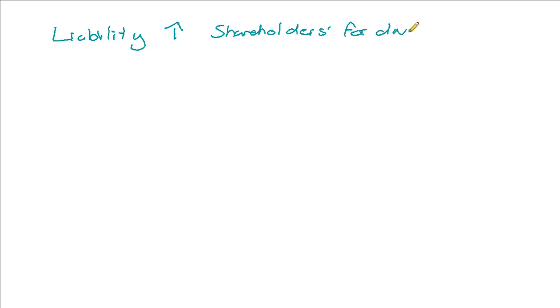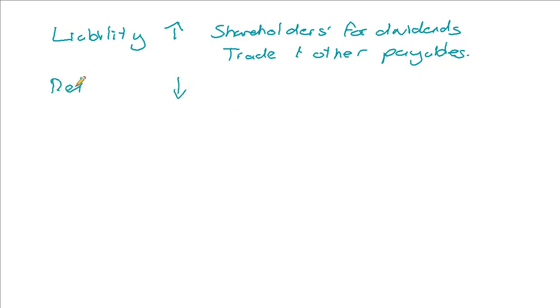Alright, and that's going to form part of the trade and other payables line item. Okay, so that's the one part of this leg, trade and other payables line item. The other part of this leg is going to be a distribution of profit. All right, so my profit distribution is going to increase, so I'm going to lose some of my retained income. So my retained income is going to go down with the distribution of the dividends.